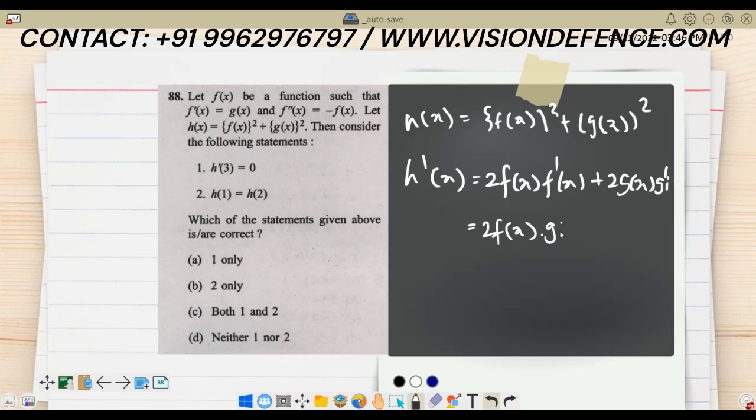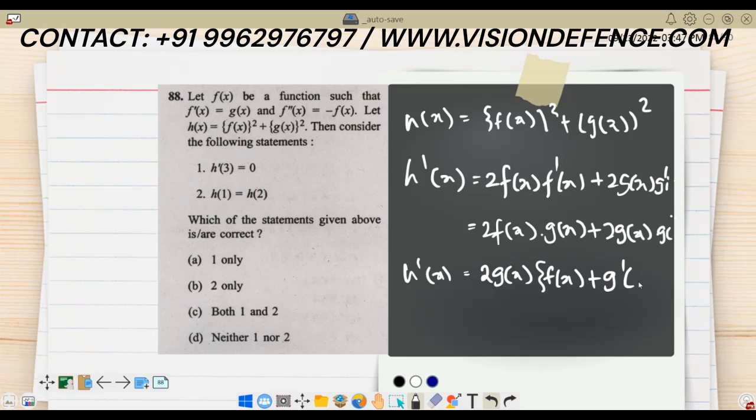So 2 into f of x into g of x plus 2 into g of x, g dash of x. Now take g of x common. So h dash of x is going to be 2 into g of x into f of x plus g dash of x. Right. So f of x plus g dash of x.